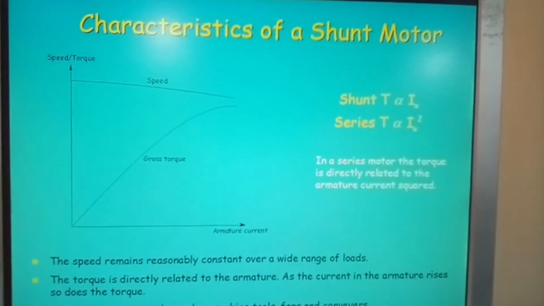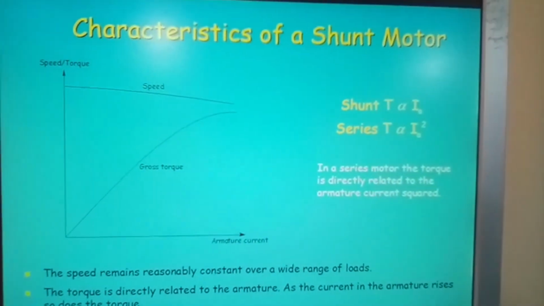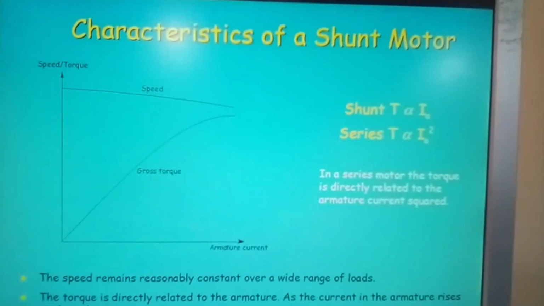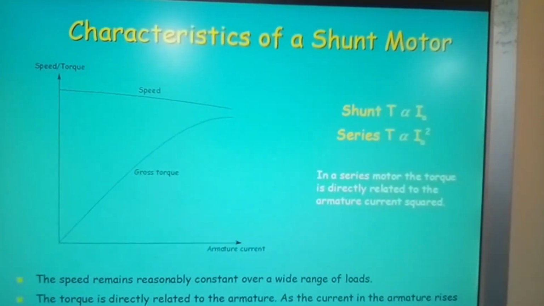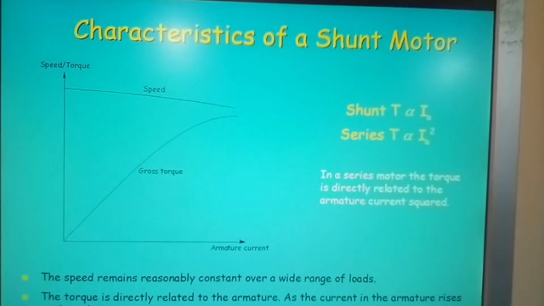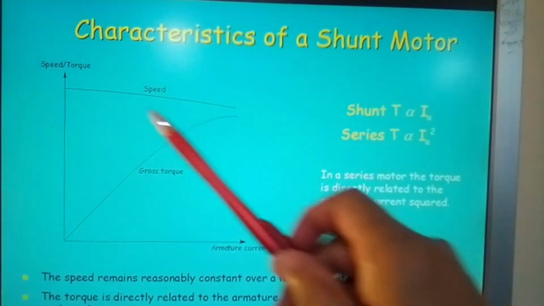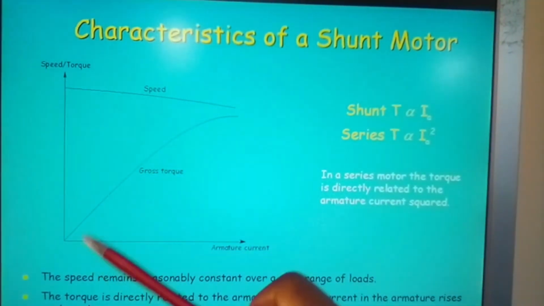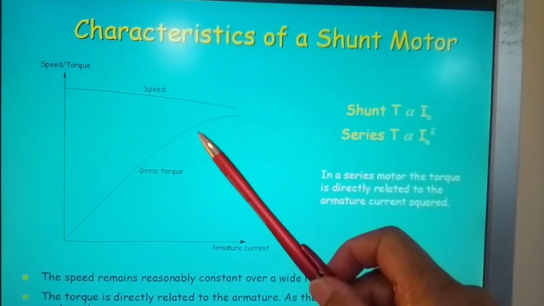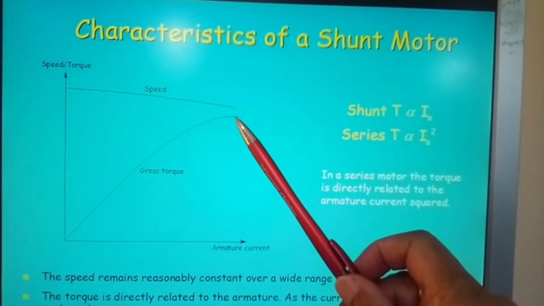And here we have characteristics of a shunt motor. Now let me make sure that I can get this into play. Now again, here you don't need me to tell you. You can see how the speed grows with torque, and you can see how the torque begins to reach a maximum and begins to peak off.